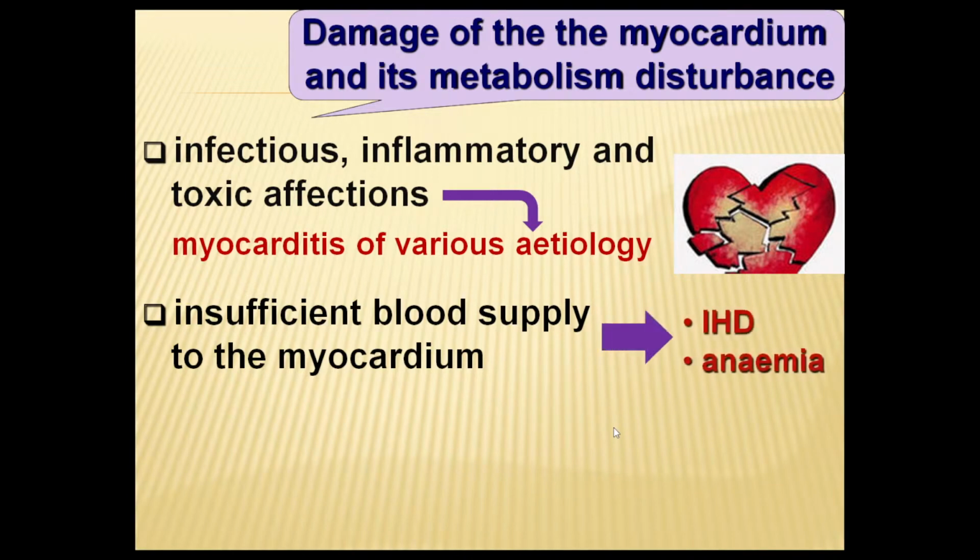We are talking about ischemic heart disease, when the blood supply is restricted due to narrowing of coronary vessels because of formation of atherosclerotic plaques, or anemia, where there is no problem with vessels, the problem is in the amount of red blood cells, which are the main transport system of oxygen.